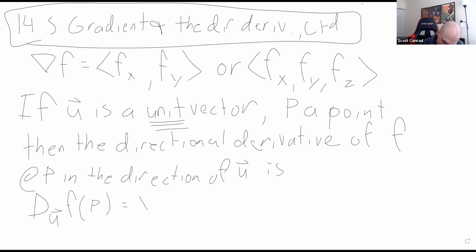That's going to be the gradient of f at the point p. So evaluate the gradient at that point, and then you dot it with the unit vector u. And I want to emphasize again, you're not always going to be given a unit vector, but when calculating a directional derivative, you need to get a unit vector in the direction we're taking the derivative. So it's the gradient at the point dotted with the unit vector in the direction we want to take the derivative.